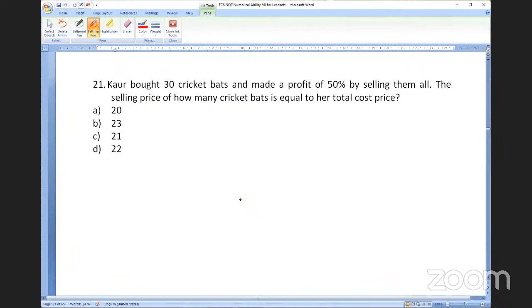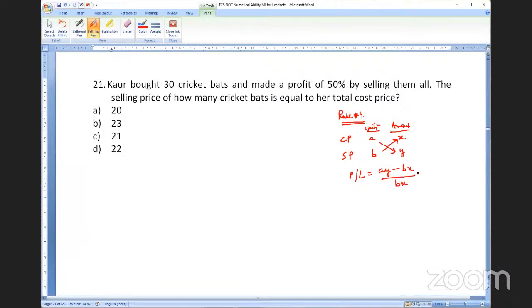If you have watched the masterclass, this question will seem very easy if we follow rule number 4. Let's quickly go through rule number 4 first. Rule number 4 is from our rule book, the diagonal rule, which says that if the cost price of A units is X and the selling price of B units is Y, then profit or loss is given by the principal diagonal, that is AY, minus the secondary diagonal, that is BX, divided by BX into 100.